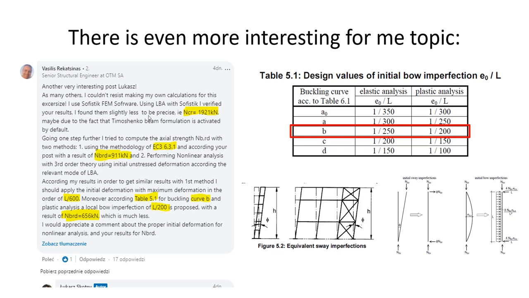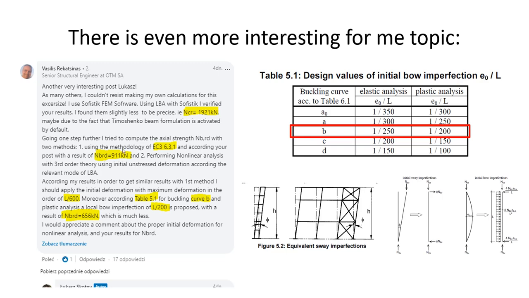I suppose it was the first mode, and he was using the amplitude from table 5 for curve B, plastic analysis, which is 1 divided by 200, and he got the result of the ultimate load in that imperfect structure at the level of 656 kilonewtons.